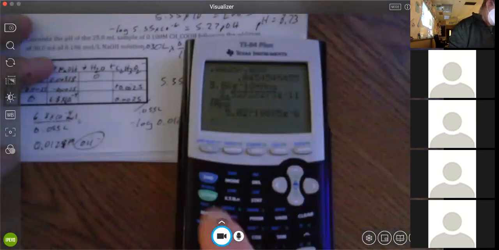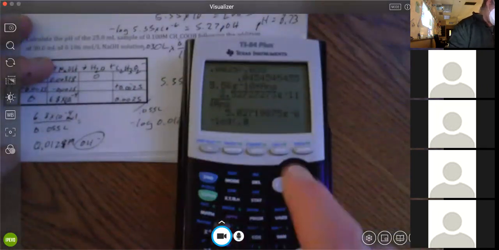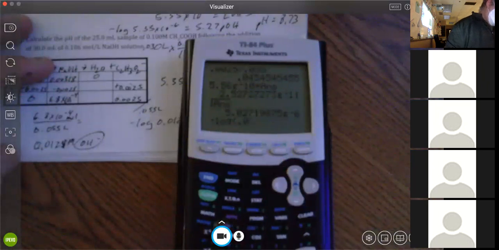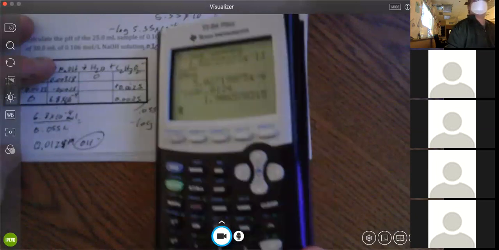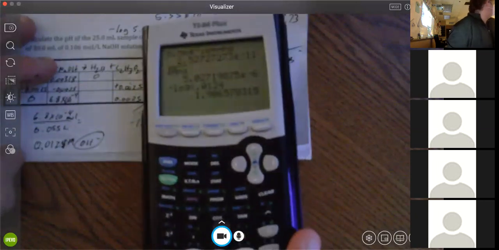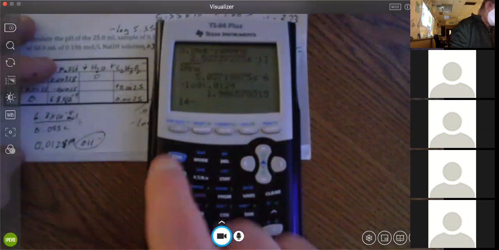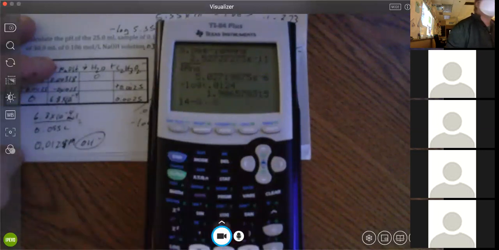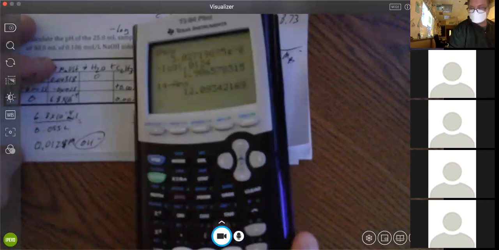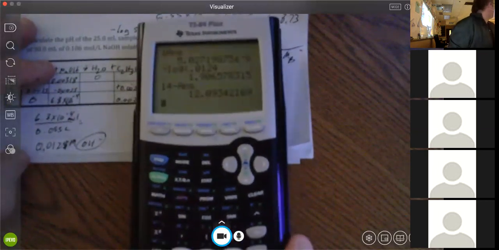Negative log 0.0124. That right there is our pOH. And then we take 14 minus that. And that right there is our pH.